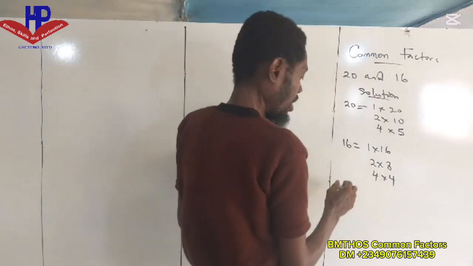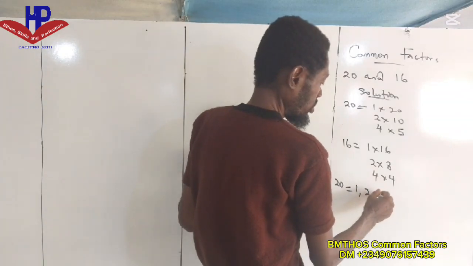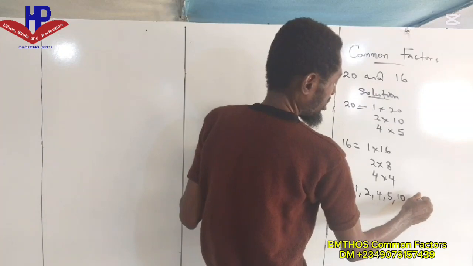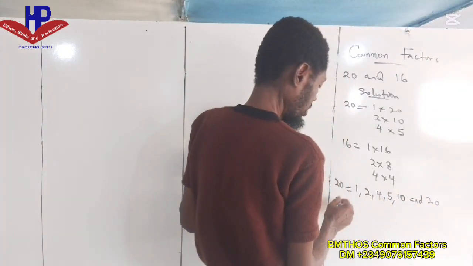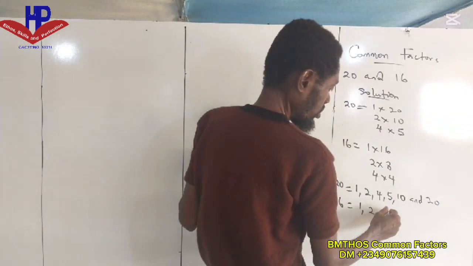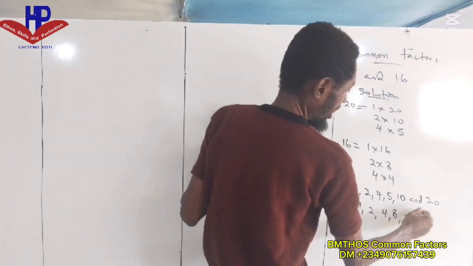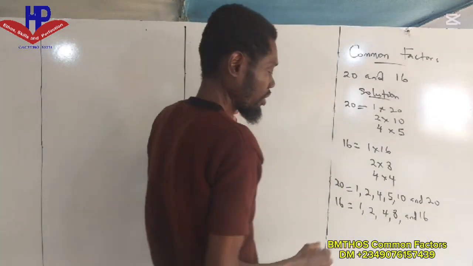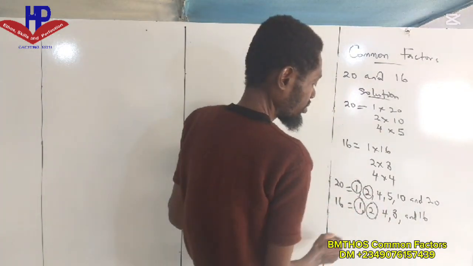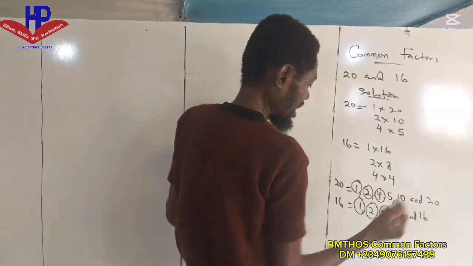Now, if you want to bring it out, 20 will be equal to 1, 2, 4, 5, 10, and 20. 16 will be equal to 1, 2, 4, 8, and 16. If you look at these numbers here, 1 is common, 2 is common, 4 is common. I think that is all.